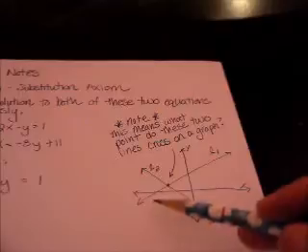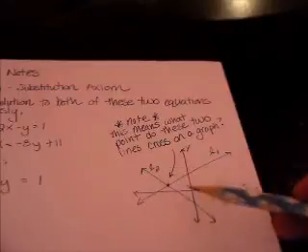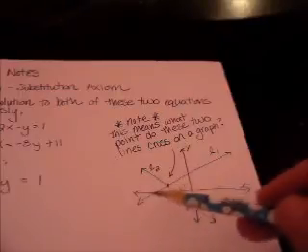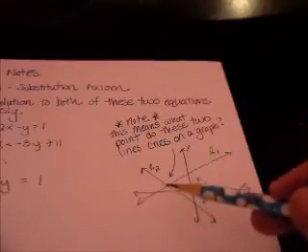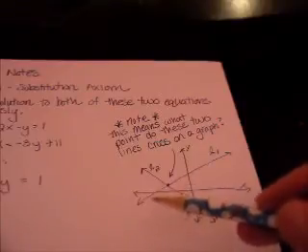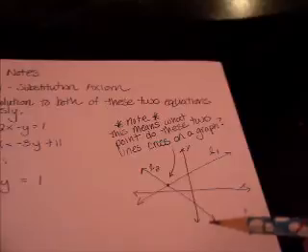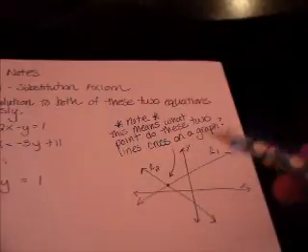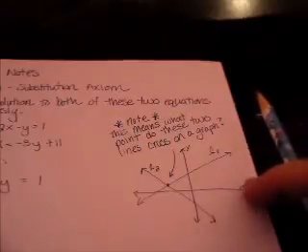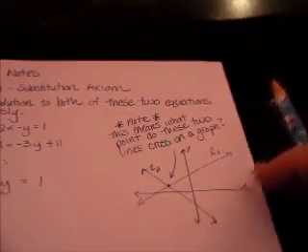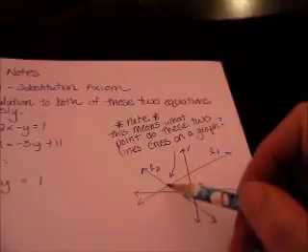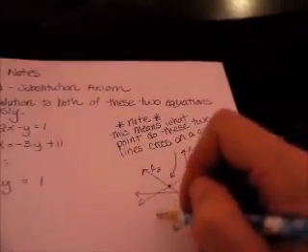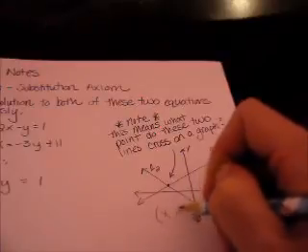When we solve those two equations, we are actually finding the point where the two lines cross. So when it says solve two equations or solve the system of equations, it means where do those two lines cross? And the answer, if it's a point, is going to be an ordered pair.